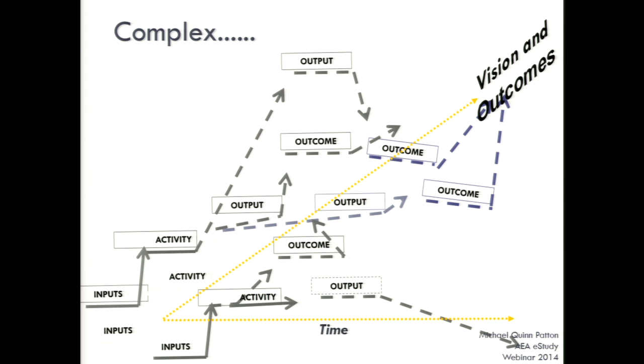We may find some of the activities are going off track, but there's a way to bring them back on track. Remember, we're probing and looking backwards. So we may be able to bring them back, okay? But it's not a linear path. So what kind of evaluation do we do? We do something called developmental evaluation.